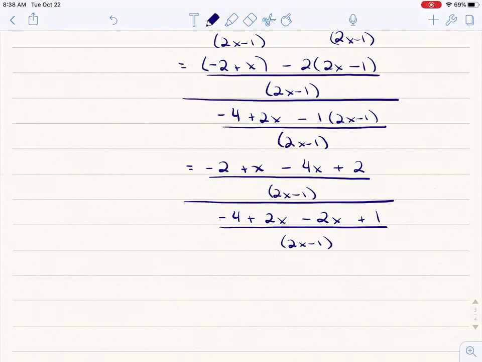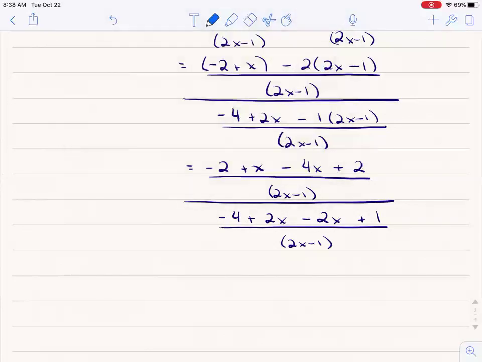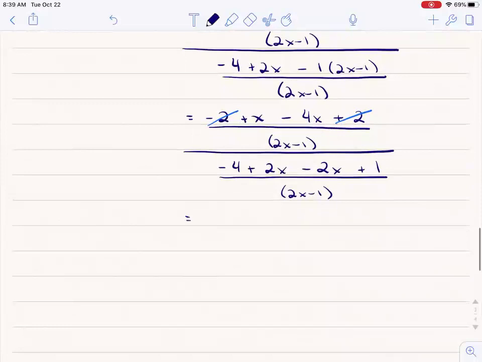Things simplify kind of nicely here, right? Because we've got minus 2 plus 2, that's going to go away, right? And then we've got x minus 4x, so that's negative 3x. So let's put that out.